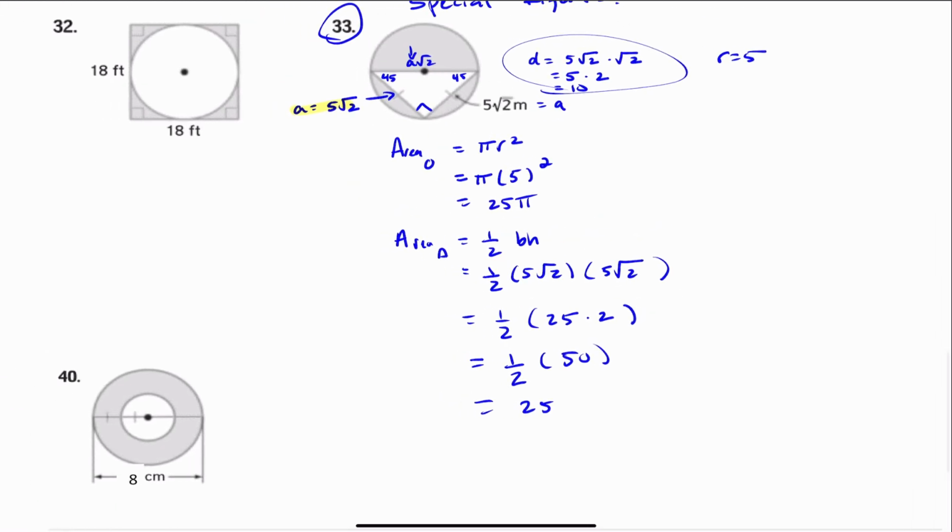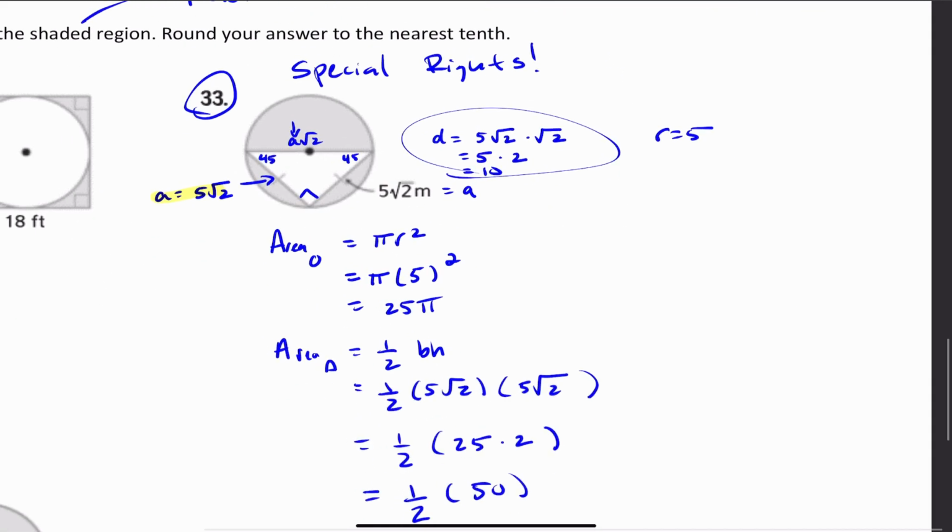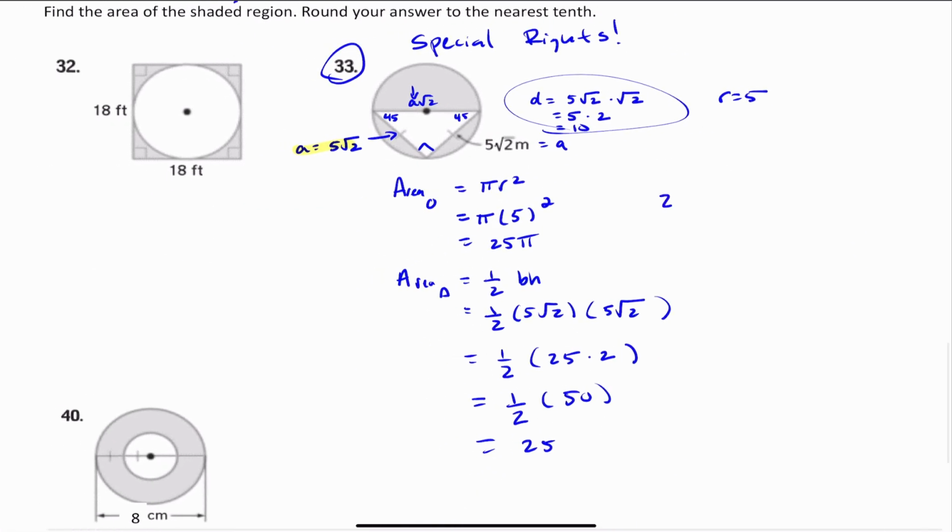Okay? So what do I do again to figure out the shaded region? Shaded minus unshaded. So let's do this. The area of the shaded region is equal to 25 pi, 25 pi what, meters squared, minus 25 meters squared.